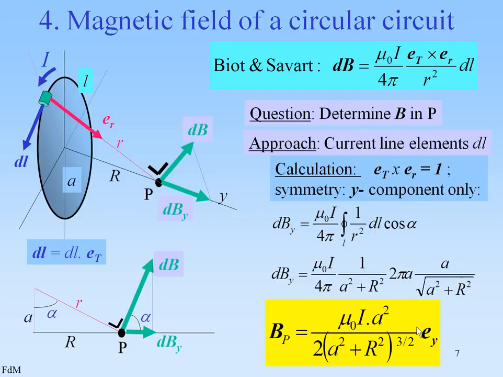And this means that the expression for point P is mu naught I a squared divided by 2 times a squared plus r squared to the power 1.5.